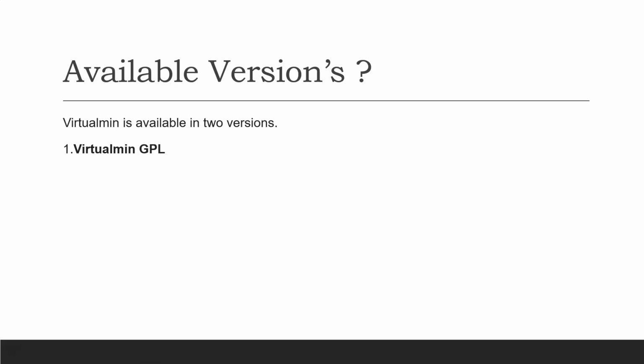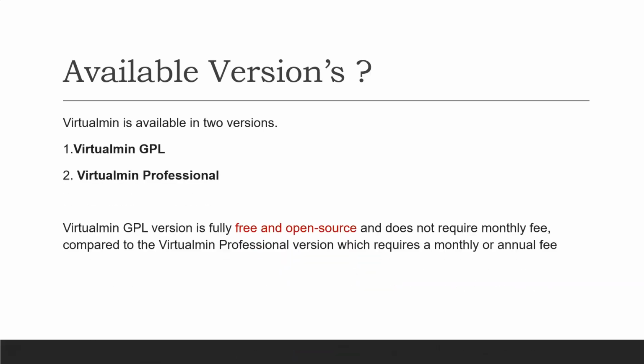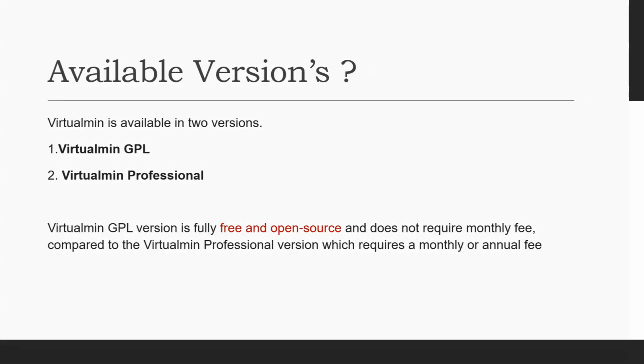Number one is VirtualMin GPL, number two is VirtualMin Professional. The GPL version is fully free and open source. You don't need to pay anything. There is no monthly fee for that. The second one is VirtualMin Professional, which requires monthly or annual fees to buy the packages. So in today's video, I will show you how to install the free version of the VirtualMin web panel.